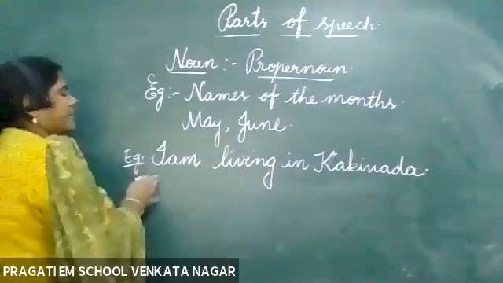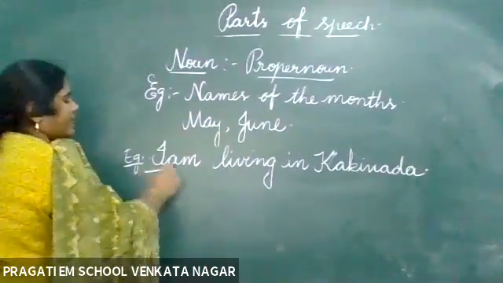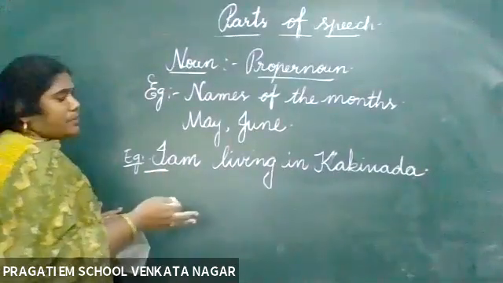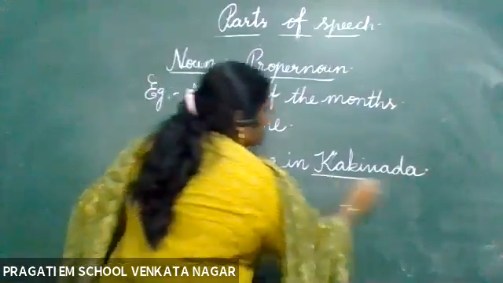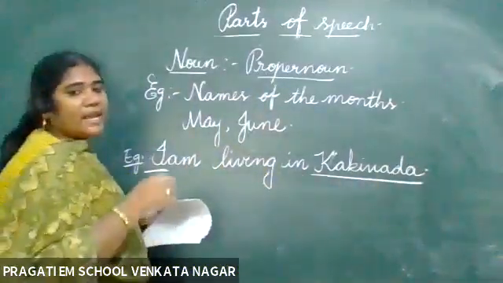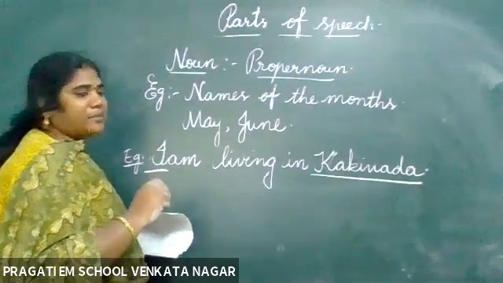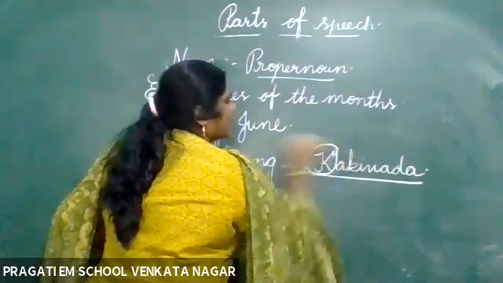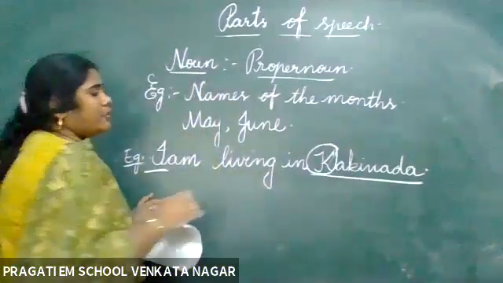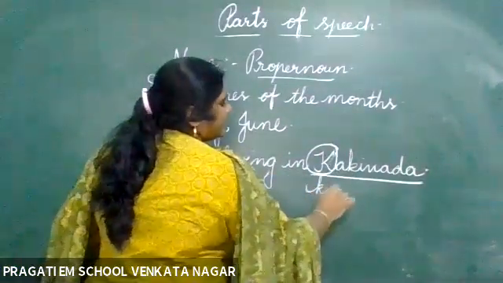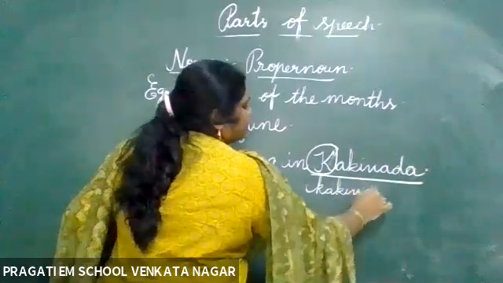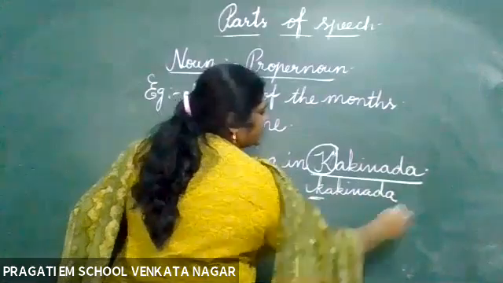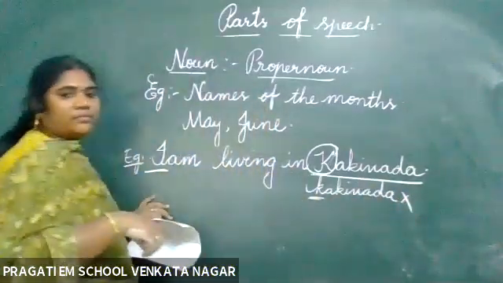Here, first letter when we are starting the sentence, it will be always a capital letter only. But coming to the proper noun, what is the proper noun here? The proper noun is Kakinada because it's a name of a place. It's a city name. That's why it should be written in a sentence also in a capital letter only. If you use here small letter, then it will be wrong. If you write Kakinada with a small letter, then it is wrong.